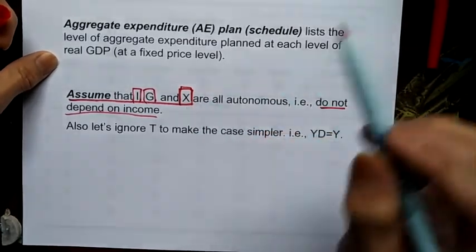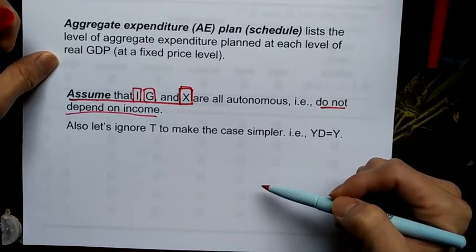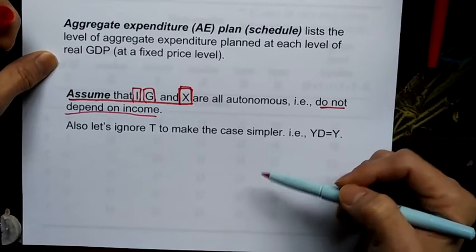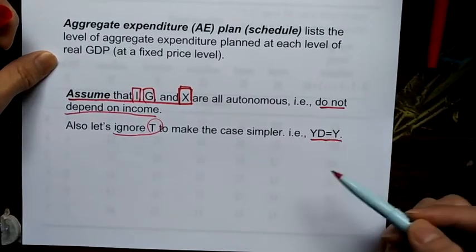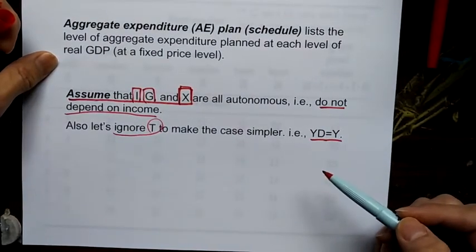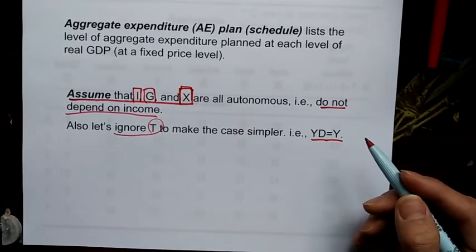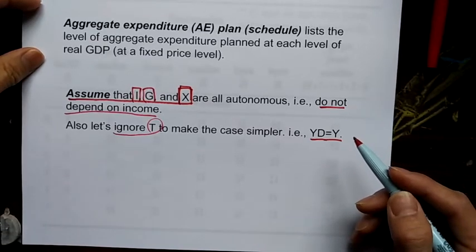It depends on foreigners' income. Also, to make our life easier, let's ignore tax so that disposable income is equal to income. Then we are ready to draw the aggregate expenditure function.